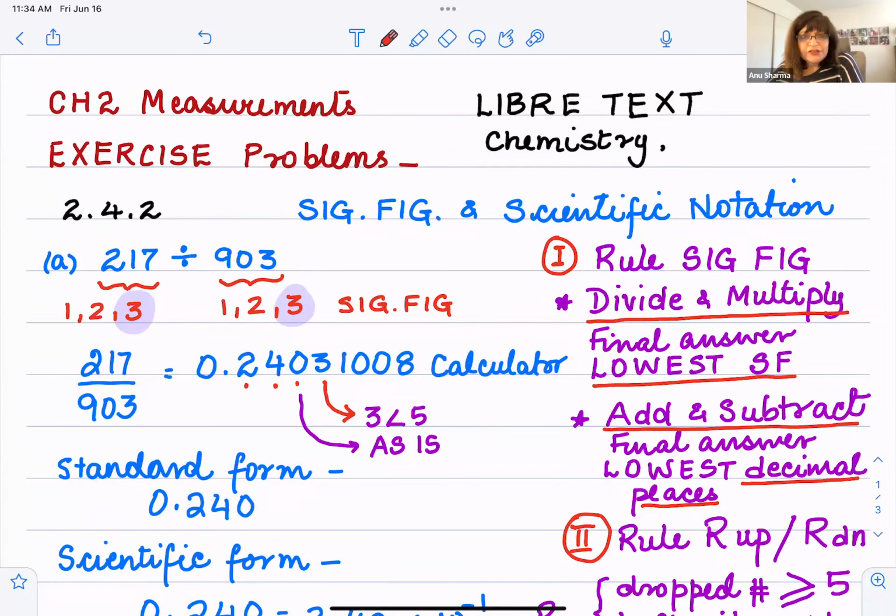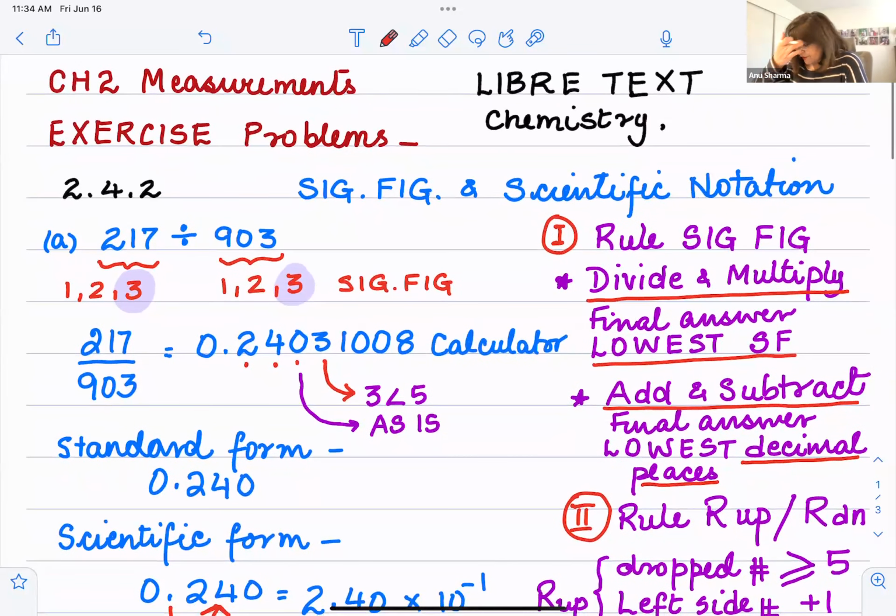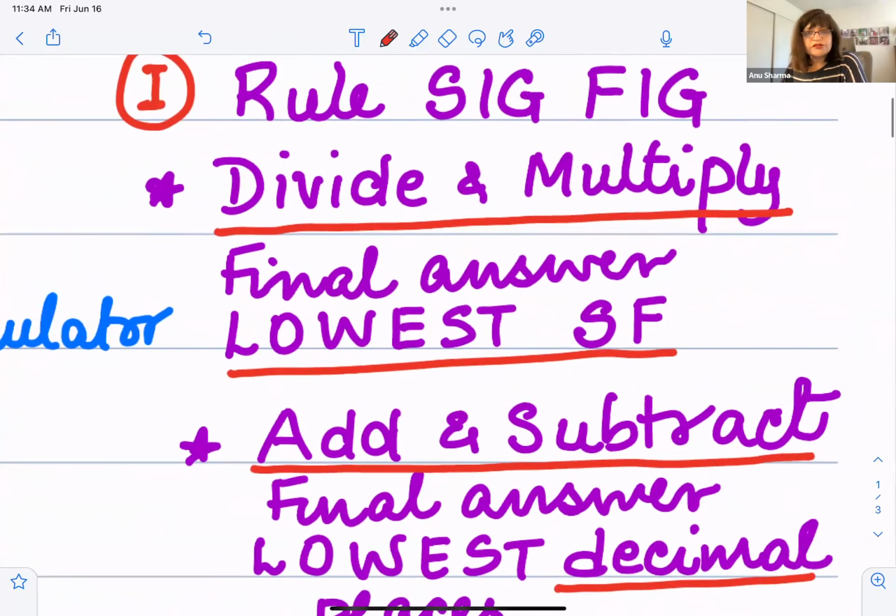So, measurements, chapter exercise problems 2.4.2. This relates to significant figures in scientific notation: writing numbers with significant figures, doing calculations using significant figures, and writing the answers in scientific notation. First of all, these are the rules.